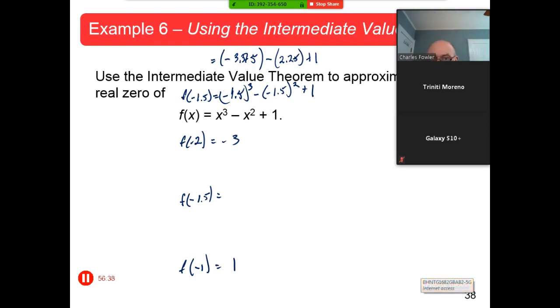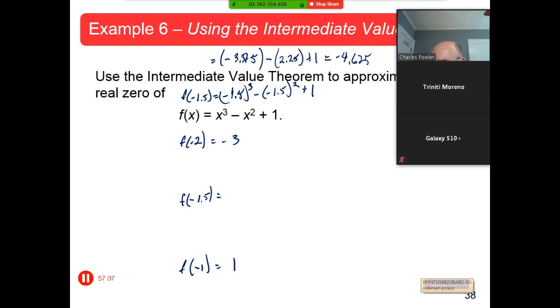My calculator did it wrong. I don't know what's going on here. That's a negative number, right? I got negative 4.625. There's something wrong with that picture. This had better be something in between 1 and negative 3. And why is that not the case?